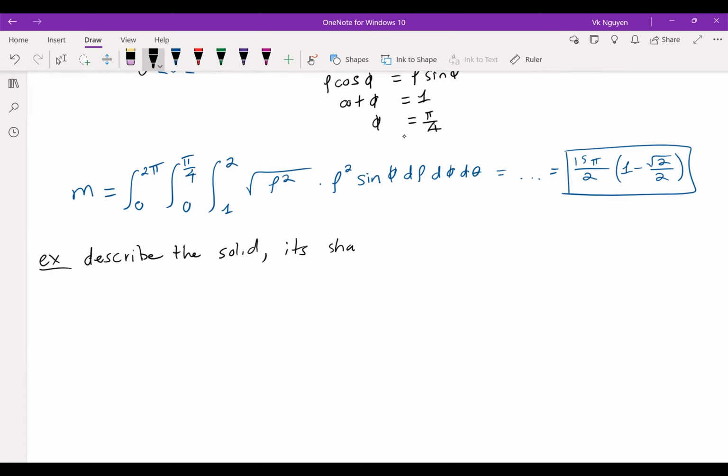Here is the shape and here is the density.